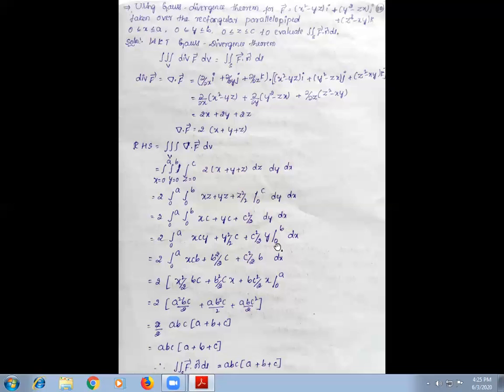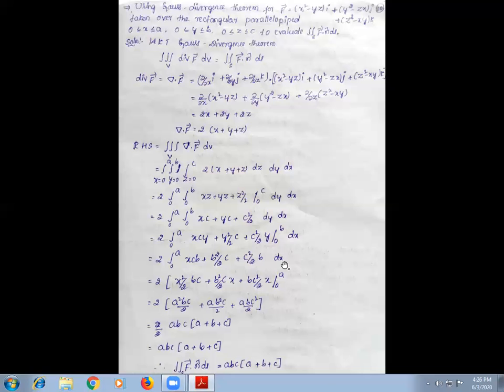Apply upper limit minus lower limit: xcb plus b²/2 into c, plus c²/2 into b. Minus the lower limit in the y terms, which becomes 0.